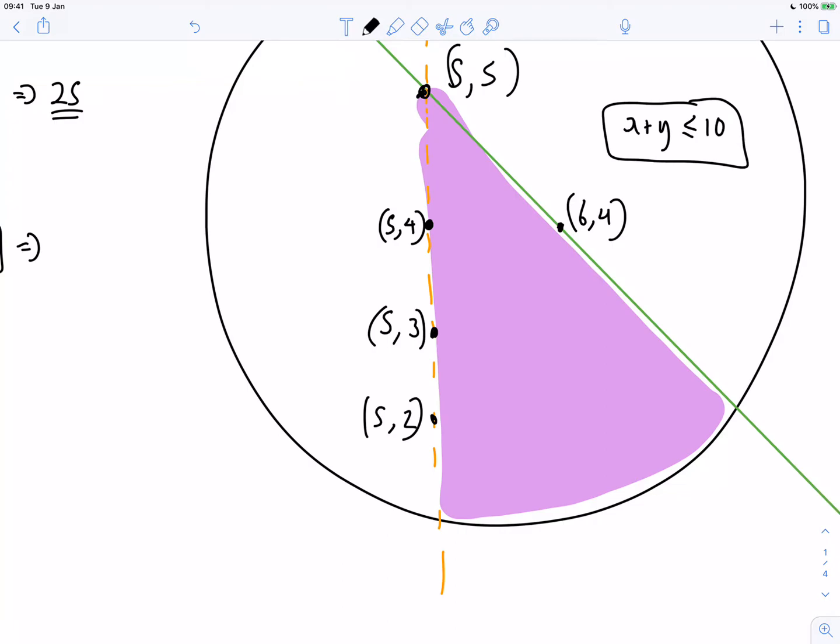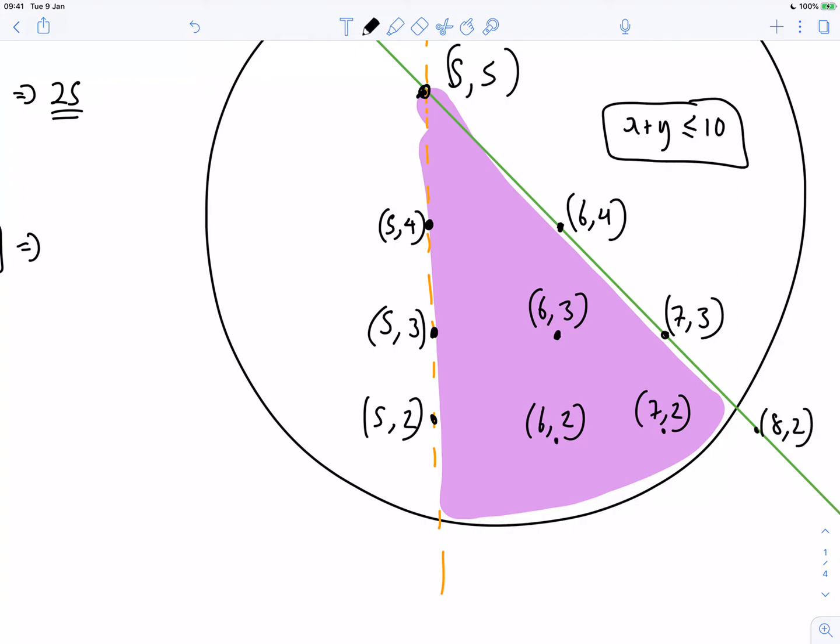And that's the whole point of this x plus y is less than or equal to 10 stuff. If I go over to here, that's 7, 3. So this point here, if I was to draw a grid, would be 6, 3. Then if I just kept on going, this would be 6, 2, then 7, 2, and over here 8, 2, and so on.